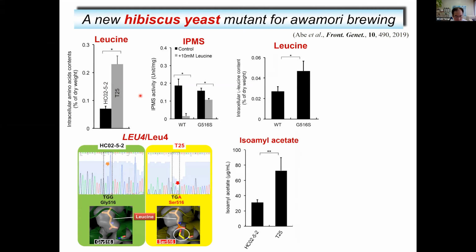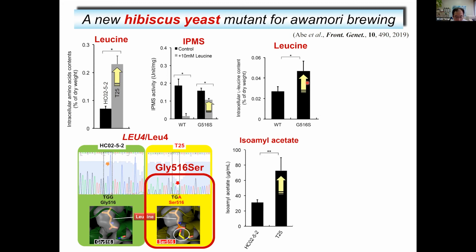To increase the isoamyl acetate content of hibiscus yeast, we obtained the excellent mutant T25 with leucine accumulation by conventional mutagenesis. In this mutant, we identified heteroallelic mutations in the LEU4 genes, encoding the glycine 516 serine variant of IPMS that was less sensitive to feedback inhibition by leucine, leading to intracellular leucine accumulation.